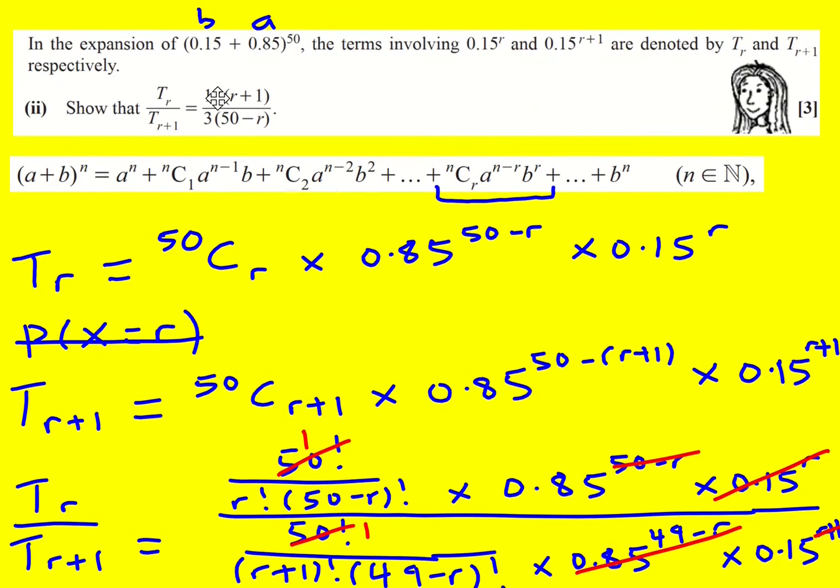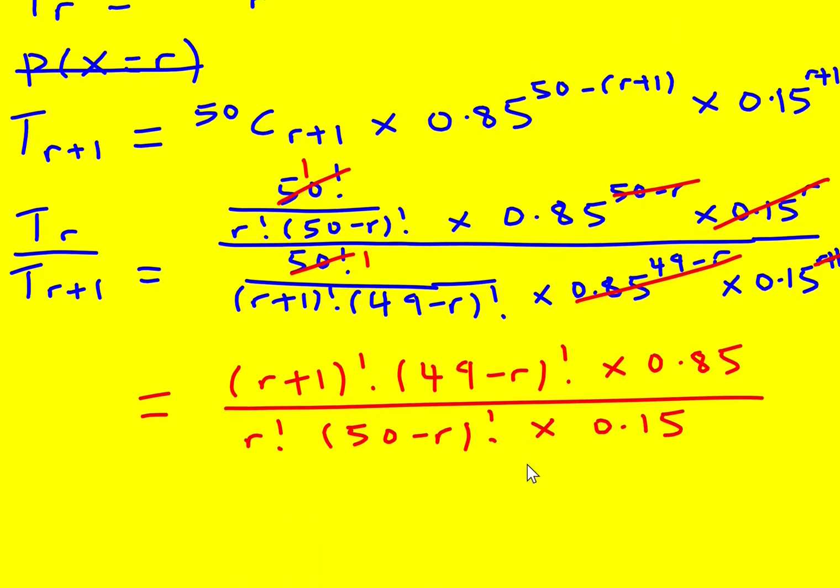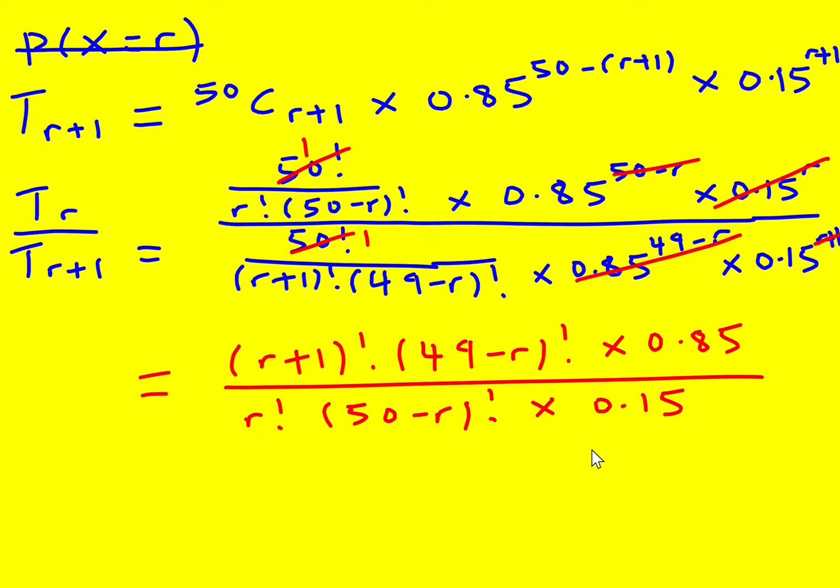You might not be able to see it yet, but I've got an R plus 1 on the top and a 50 minus R on the bottom. Next thing that you need to be aware of is that (R+1) factorial is actually equal to (R+1) times R factorial. So that means that this is going to cancel with this to just leave me R plus 1.